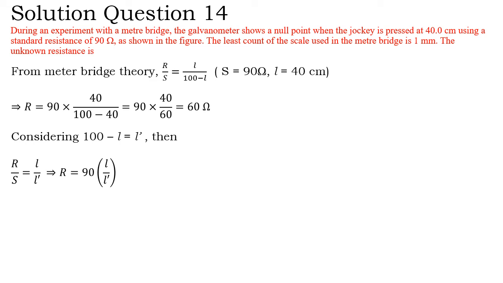Now let us write this in terms of the error equation. The error in R, written as delta R divided by R, is equal to delta L by L plus delta L dash by L dash.